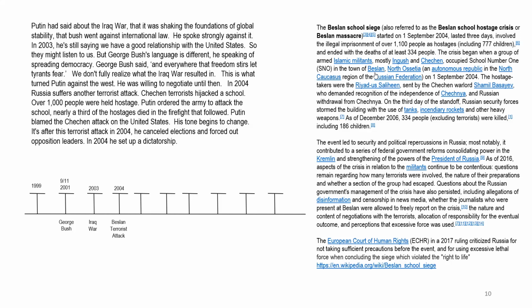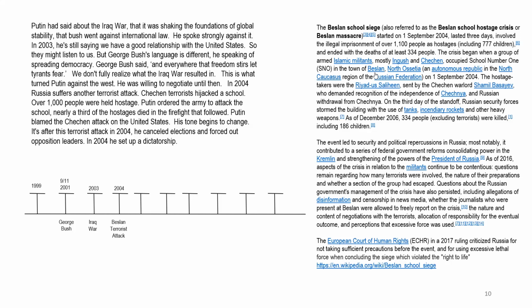As of 2016, aspects of the crisis in relation to the militants continue to be contentious. Questions remain regarding how many terrorists were involved, the nature of their preparations, and whether a section of the group had escaped.